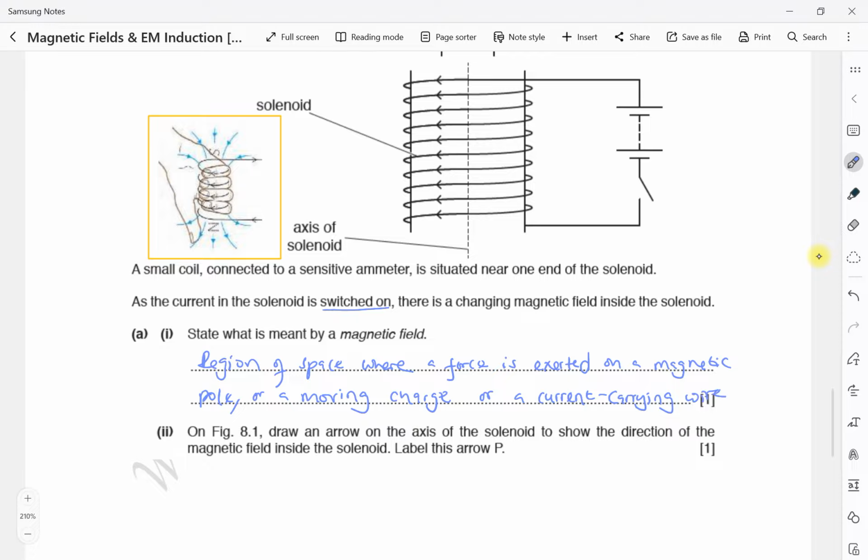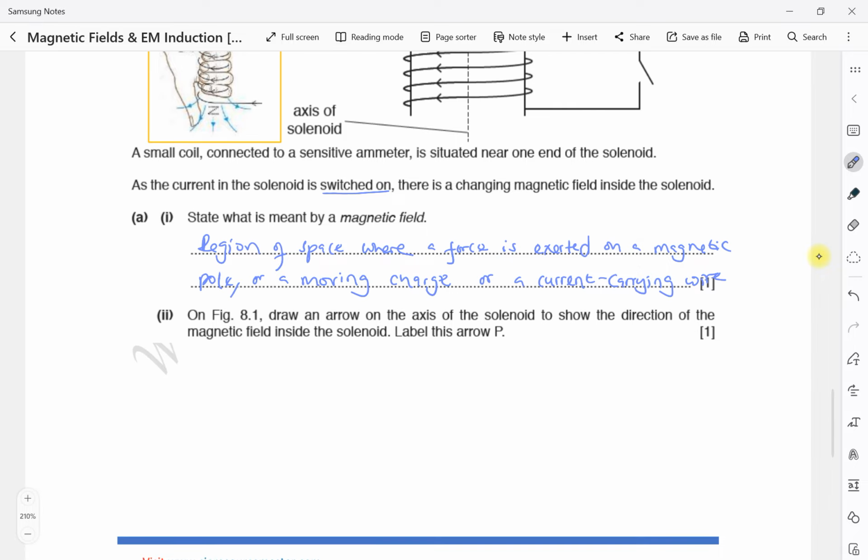Or it is a region of space where a current carrying conductor, a moving charge, or a magnetic pole, or a magnetic material experiences a force.